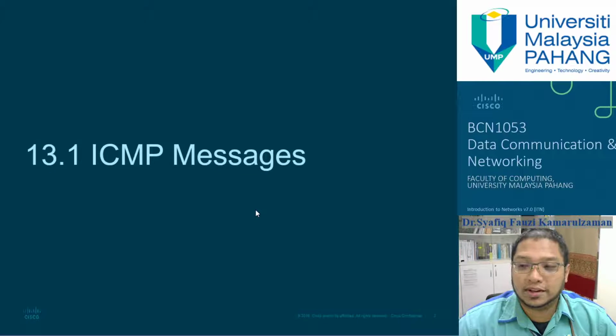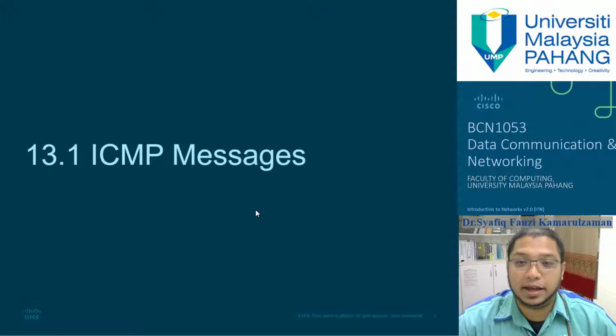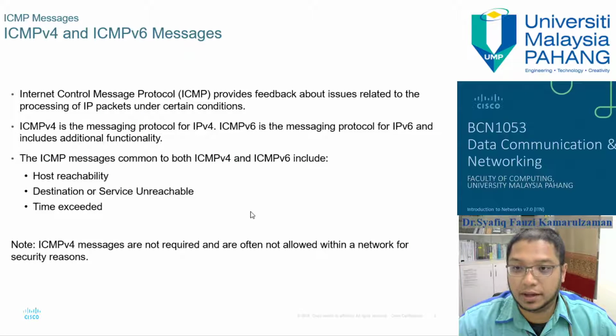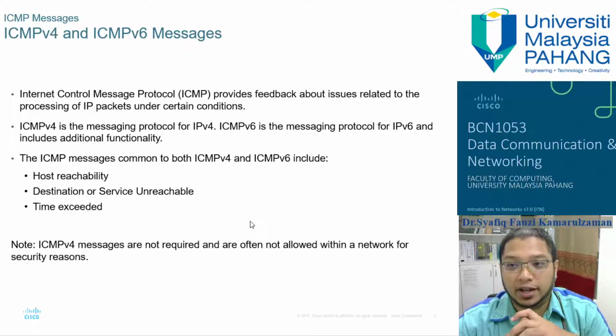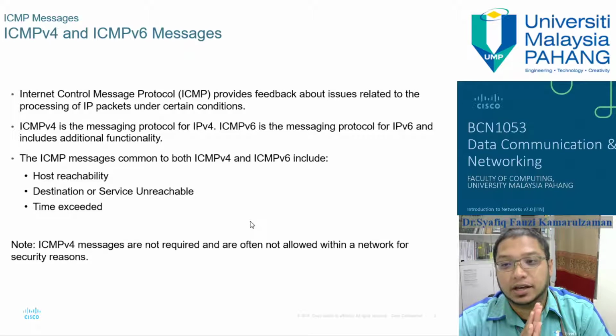Okay, so what exactly are ICMP messages? We have two types of ICMP messages, which are ICMP version 4 and ICMP version 6 messages. They comply with IPv4 and IPv6.